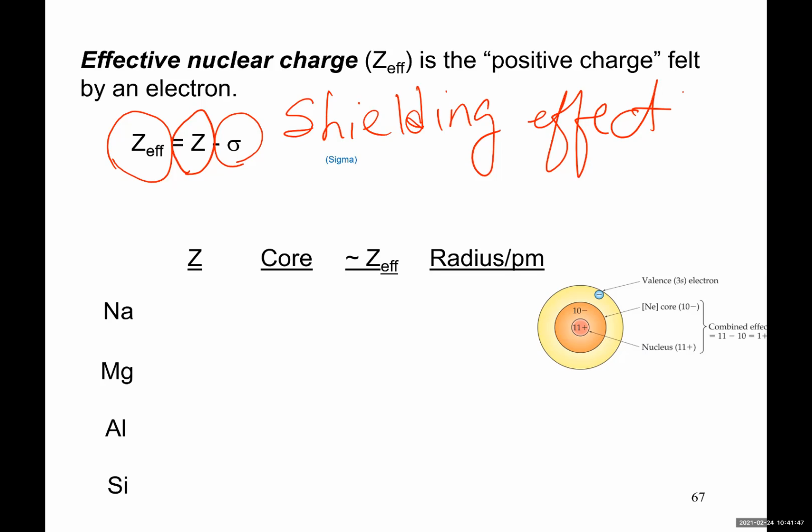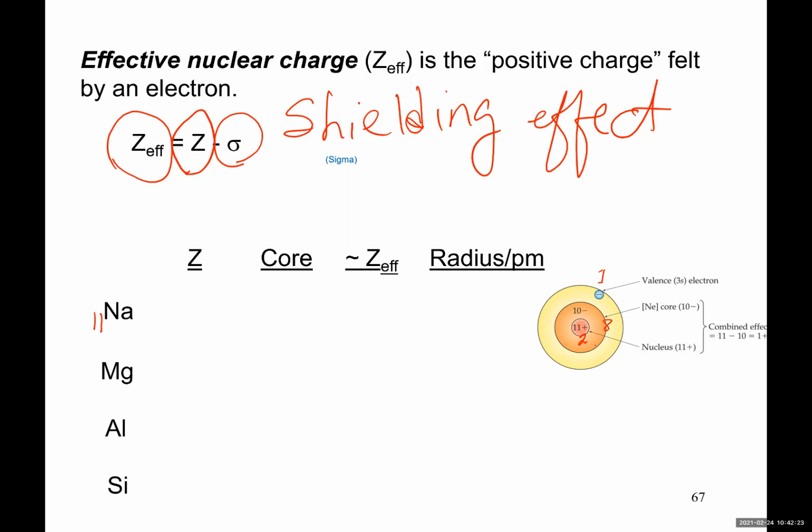Let me give you an example. If I ask you how many electrons in sodium, you can look up the periodic table and tell me 11. So out of these 11, you have 11 protons. You have 2 electrons on the first shell, 8 electrons here, 2 electrons here, and you're left with this 1 electron.